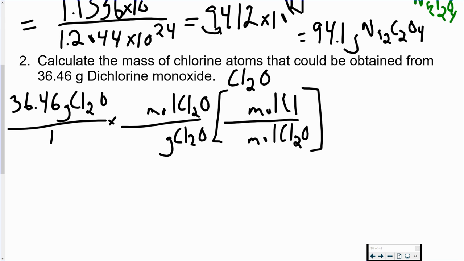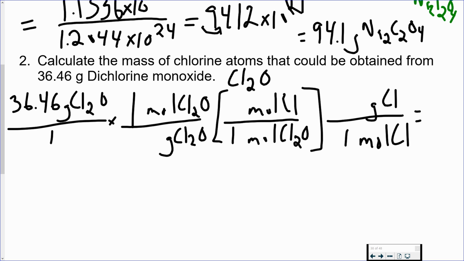So we're going to go right back to mass, but it's just going to be of chlorine. So grams of Cl over mole Cl. So moles on the outside are going to get 1s. Mole inside for the entire compound is a 1. For itself, like chlorine by itself, is going to get a 2 because of its subscript.